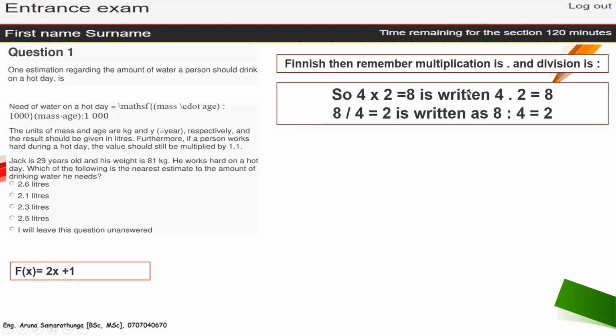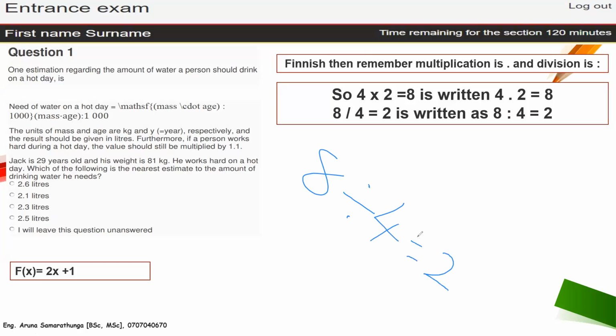For explaining this, here is another example. If you multiply 4 by 2, you know that it is 8, and it can be written like 4.2 equals 8. This is the normal mathematical way of representing this kind of thing. If 8 is divided by 4, you can write the division mark like that, or another way, I can draw 8 over 4, so it is 2.